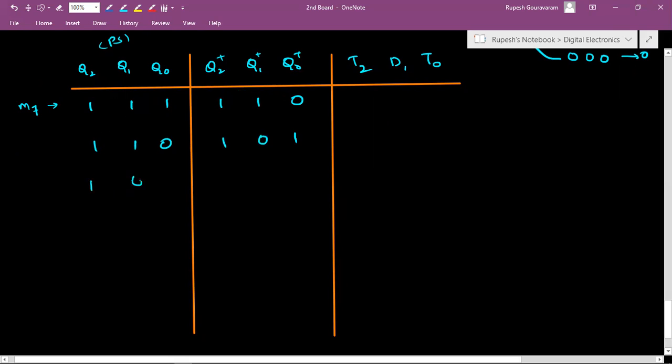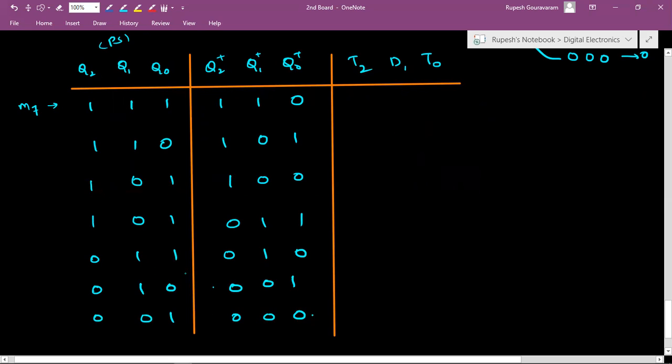Then 5, the next value will be 4. If it is 4, the next value will be 3. If it is 3, the next will be 2. If it is 2, the next will be 1. If it is 1, the next value will be 0. Finally, if it is 0, the next value will be 7.